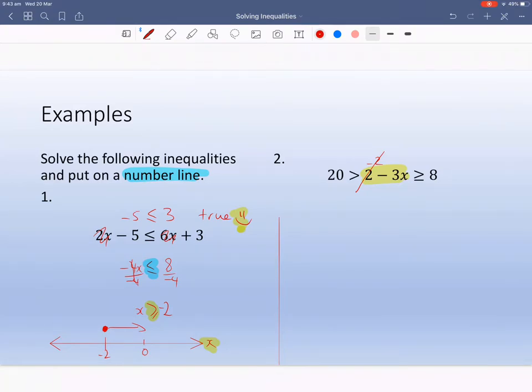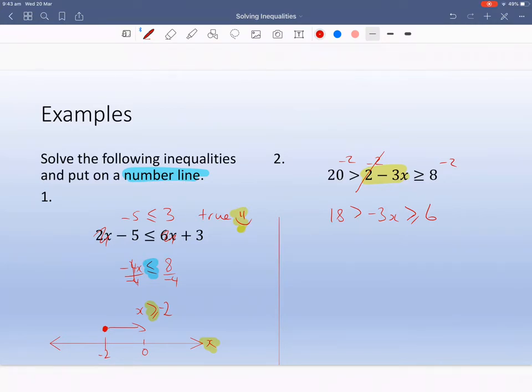All right, so if I minus 2 from there, then on the other side I have to minus 2 there, and I have to minus 2 there. So I've got 18, and then I've got minus 3x, and then I've got 6, all right.